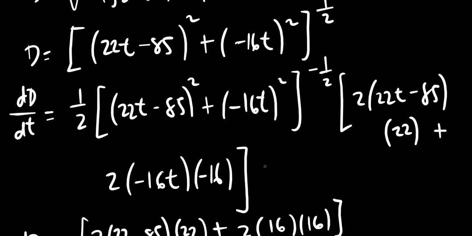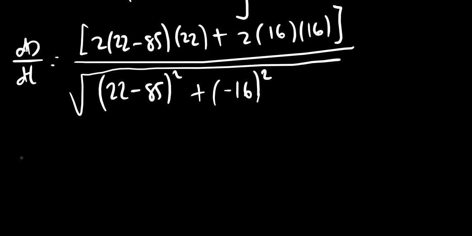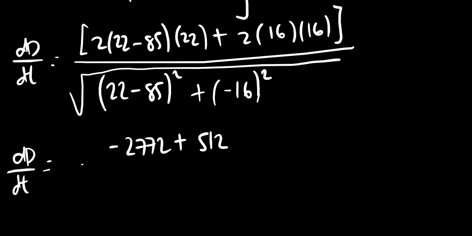Again, we'll simplify this one. What is the numerator? 2 times 22 minus 85 times 22, so it is negative 2772, plus 2 times 16 times 16, which is positive 512, all over.